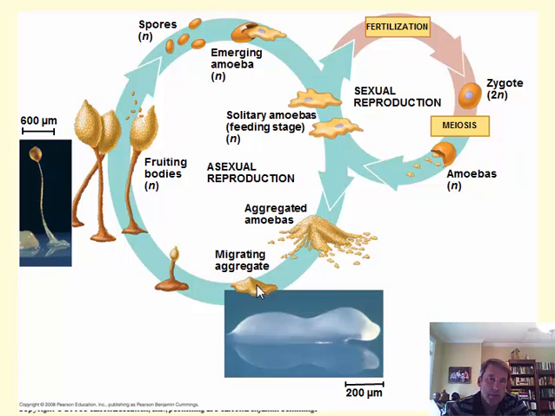In the plasmodial slime mold, it's a mass of multiple nuclei in the aggregate, but they are not separated into individual cells. So that's the difference. They still produce these fruiting bodies that are going to release spores, but the mass takes on this slug-like structure, this aggregated mass. And so those are the two types of slime molds.